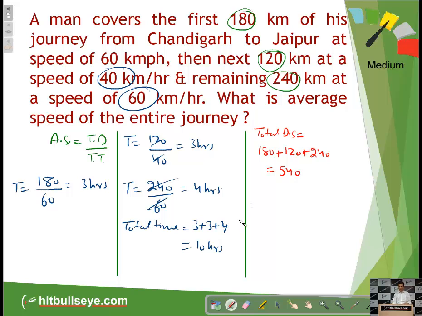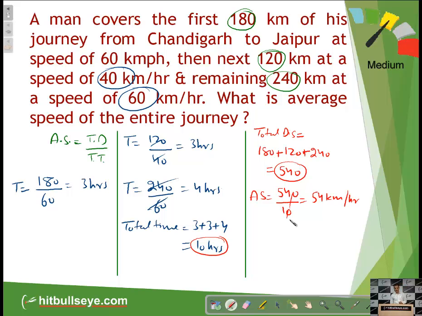Now we are aware of total distance and total time. So what is average speed? Total distance by total time, which will be 54, and answer should be kilometer per hour. So it will be 54 kilometer per hour.